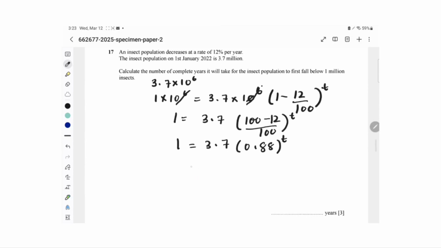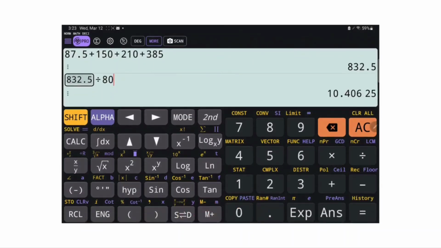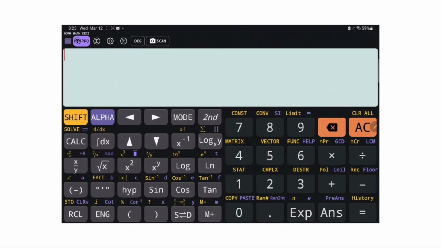So 1/3.7 = 0.88^t. Okay, what is 1/3.7? It is 0.27.